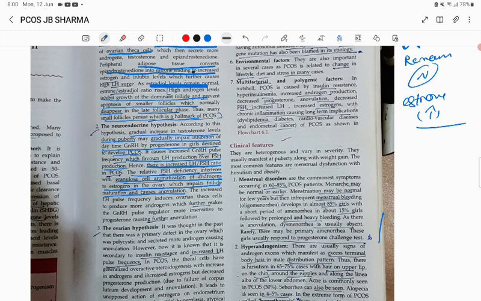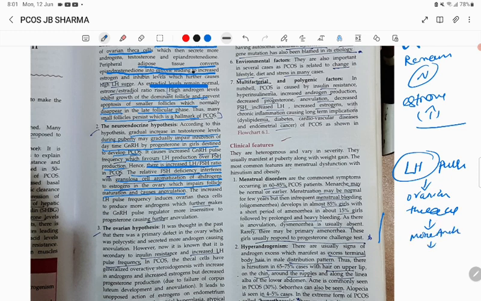Okay, the increased LH pulse frequency. Remember, this is the very LH pulse frequency that will induce ovarian theca cell hypertrophy, which will produce more androgen.